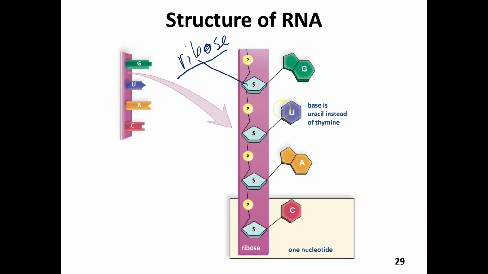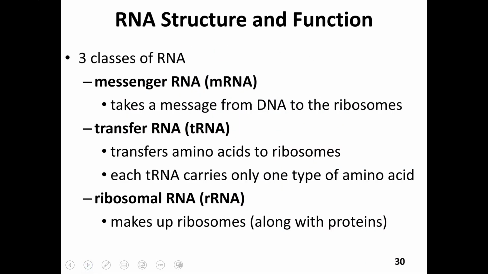Uracil is the one major nucleotide difference that changes the RNA from the DNA. And then the sugar, and it's single-stranded. So there's a lot of differences, but the nucleotide difference is that uracil.